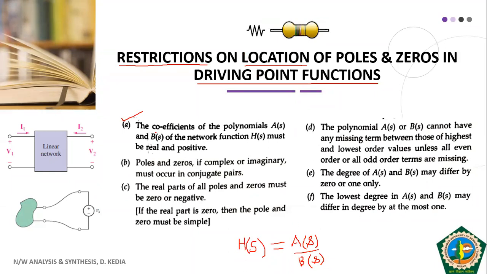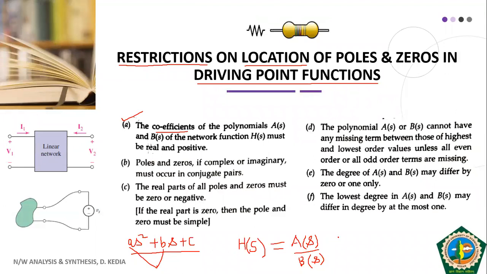You know what the meaning of coefficient is. If we write a quadratic equation in s, say a s square plus b s plus c, then a and b are called the coefficients of the polynomial in s.